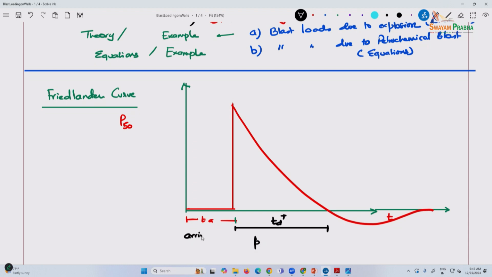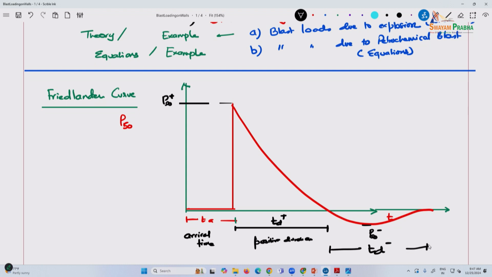Here we have the arrival time, this is the positive duration, and here this is the PSO value, positive, and here this is the PSO value that is negative, and then you have the negative TD.